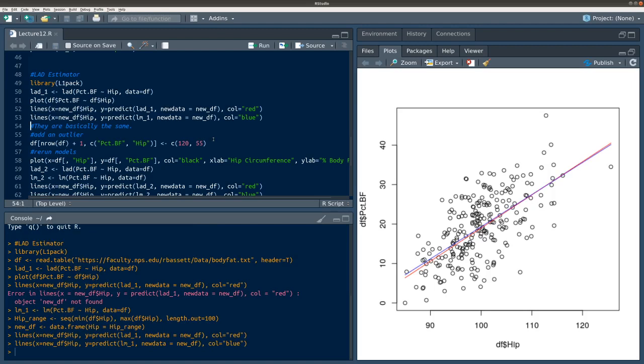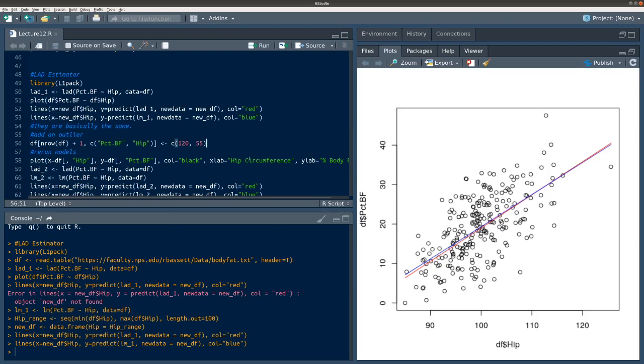So you say, well, it doesn't seem like much of a difference. Totally agree. But let's say, as a thought experiment, that we added an outlier. This happens. Let's say some lab assistant who was recording all this information about folks had an error.